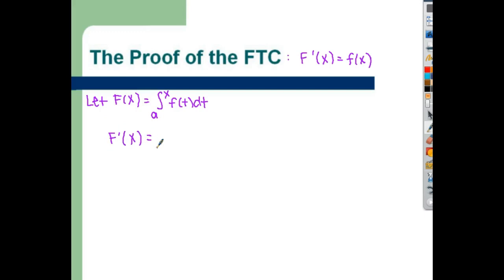What was the very first way we learned about derivatives? Yeah, the definition. So by definition, F prime of x is the limit as h approaches 0 of capital F of x plus h minus capital F of x all over h. That's where we started.